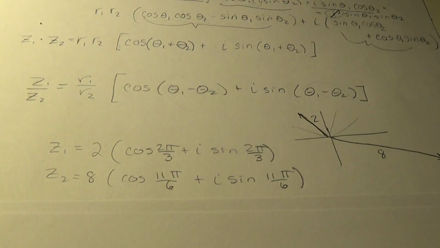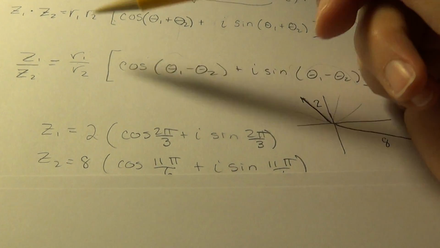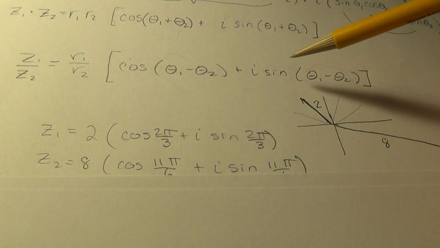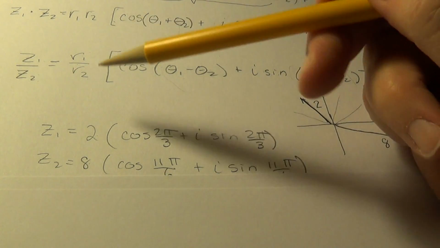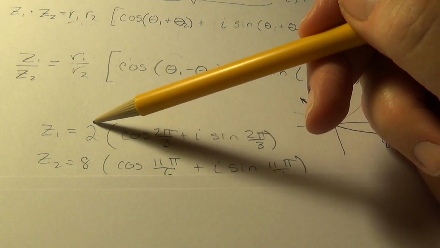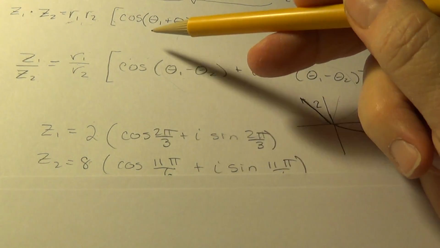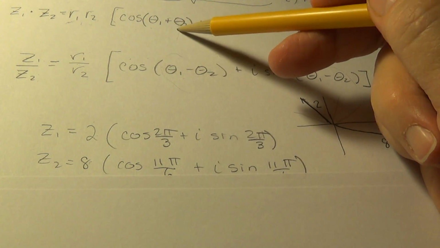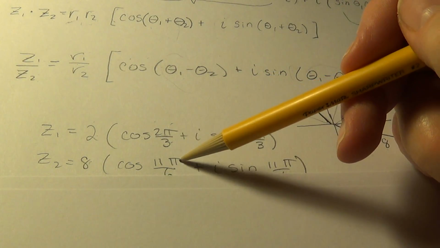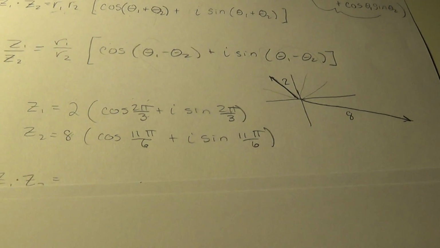So we decide to be much more joyful and do it the shortcut way, but the numbers have to be in trig form to use this formula. As the formula states, we multiply the magnitudes together, 2 times 8, and then we take the cosine and add the two angles, 2 pi over 3 plus 11 pi over 6. So let's get that started.